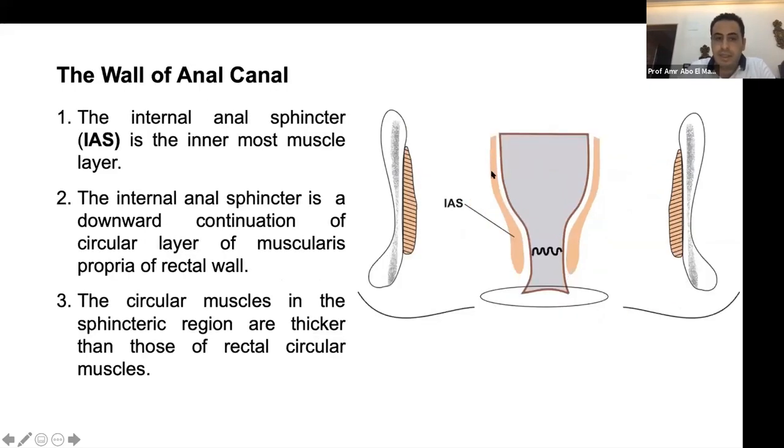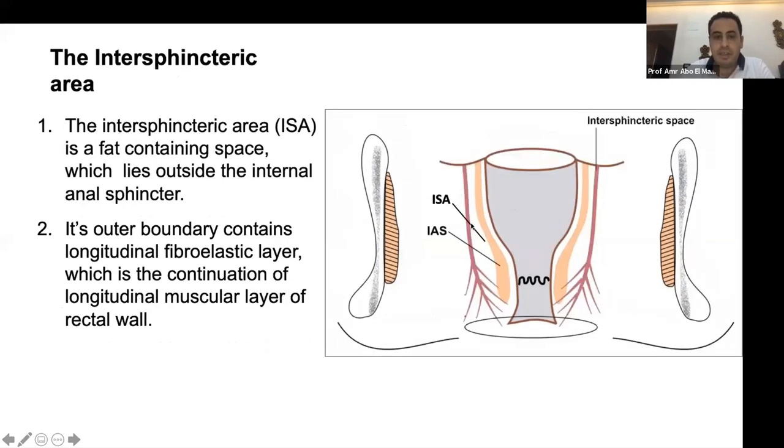The internal anal sphincter is a downward continuation of the inner circular layer of the muscularis propria of the rectal wall, and the circular muscles in the sphincter region are thicker than those of the rectal circular muscle. The intersphincteric area is a fat containing space which lies outside the internal anal sphincter.